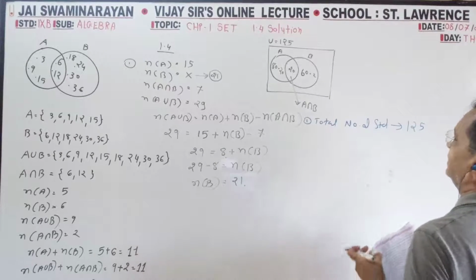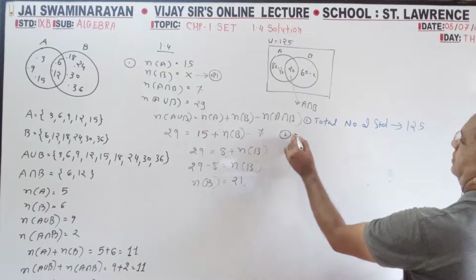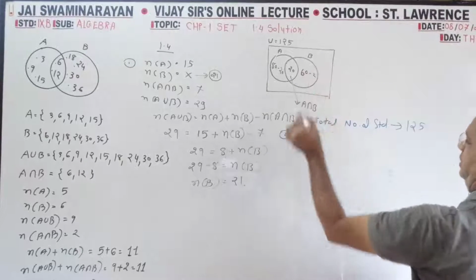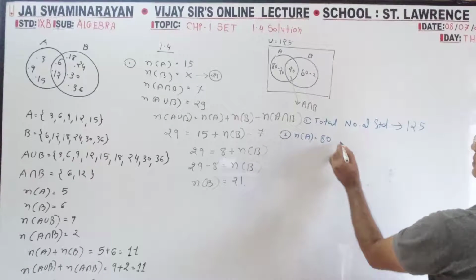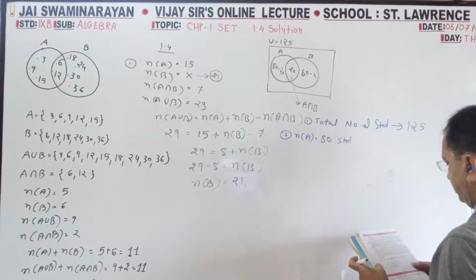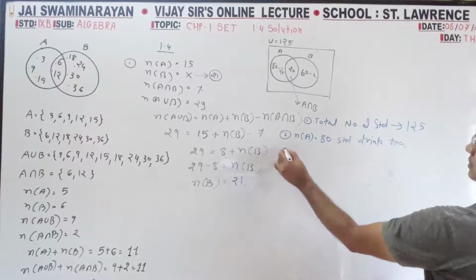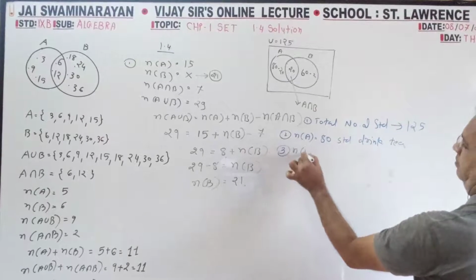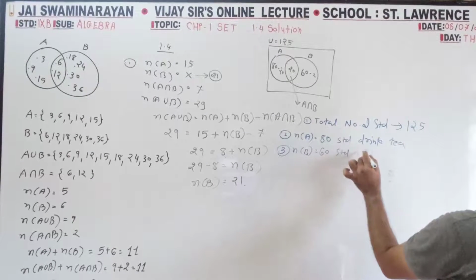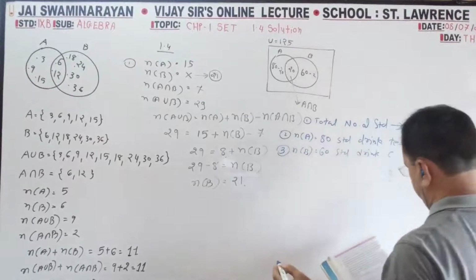Correct. Now number of A, that is total 80 students drink tea. Number of B is equal to 60 students drink coffee.